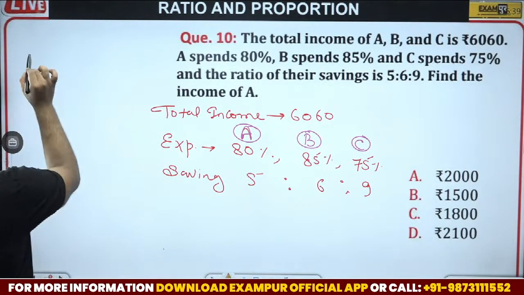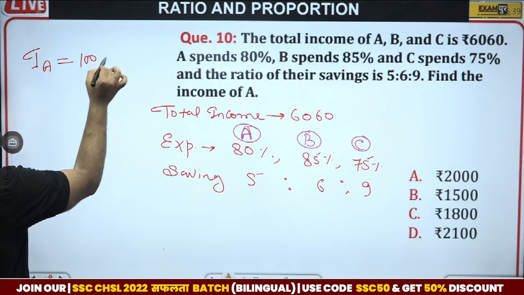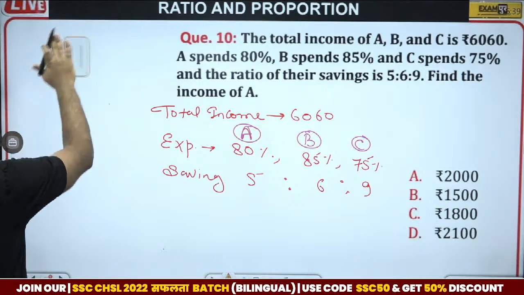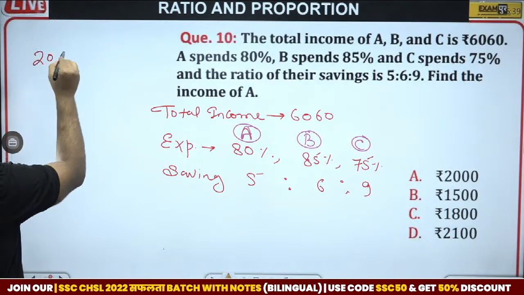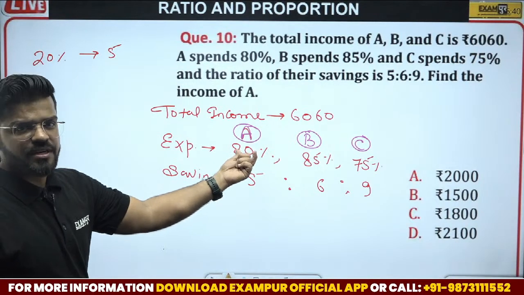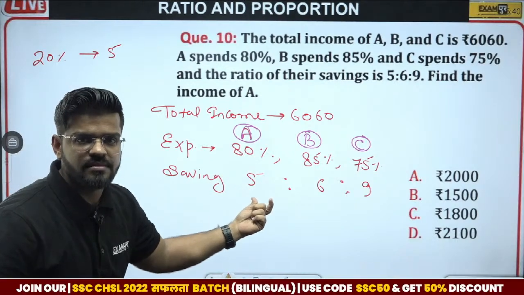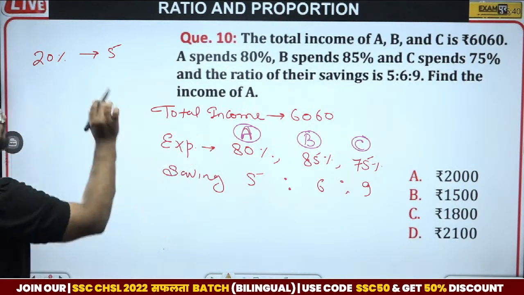Yes or no? So income of A is 100%. You know that. For 100%, 80% expenditure means 20% saving, and 20% is equal to 5, right? Because it is the saving of A.